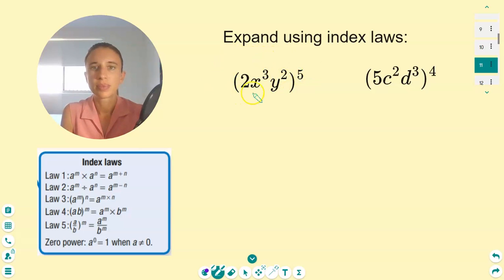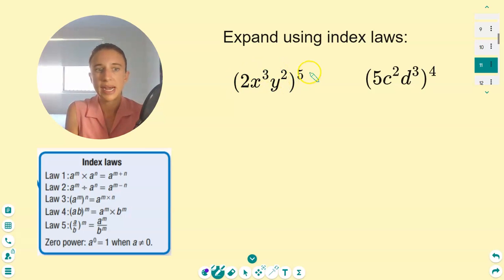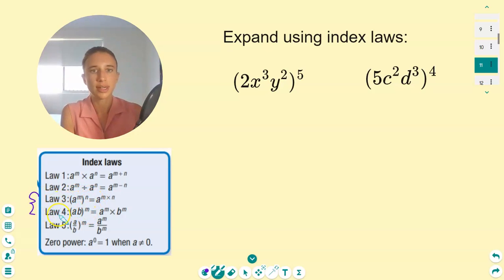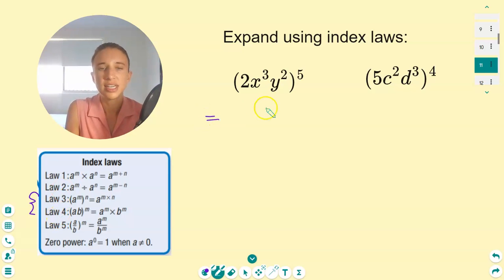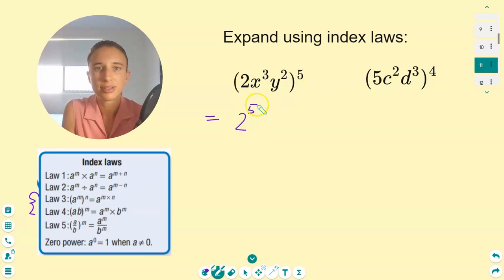Moving on, a little bit more complex. On this side, expand using index laws. It's a pair of brackets raised to a power, and so that corresponds to law 3 and 4. First step, let's expand the brackets and raise everything inside to the power outside. It will make sense when I show you. 2 to the 5, x to the 3, and I know that it's being raised to that power, so I need to multiply.